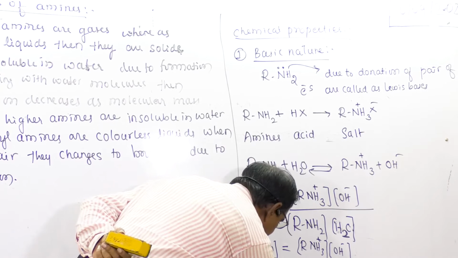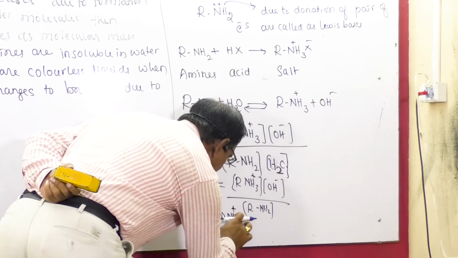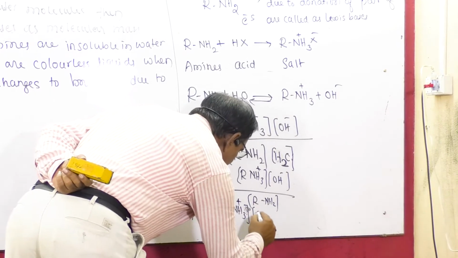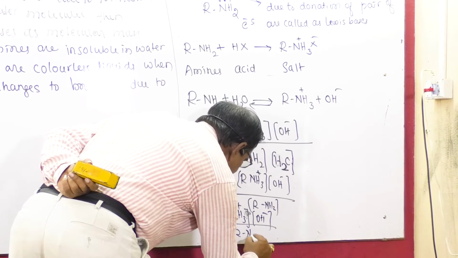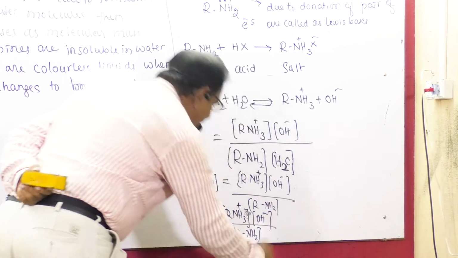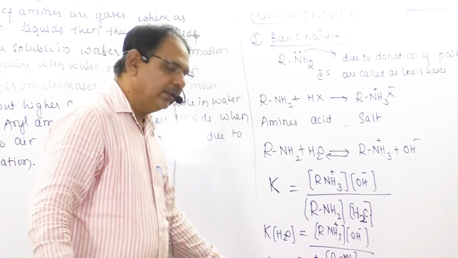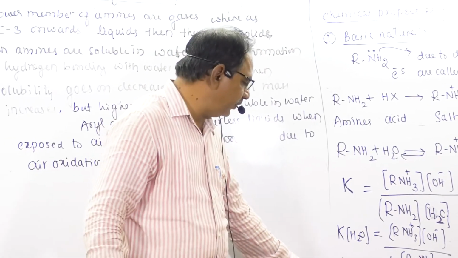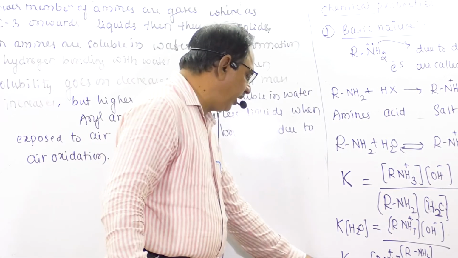Kb is equal to RNH3+ into OH- divided by RNH2. So Kb is called the dissociation constant of a weak base.